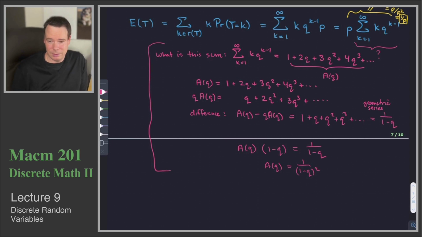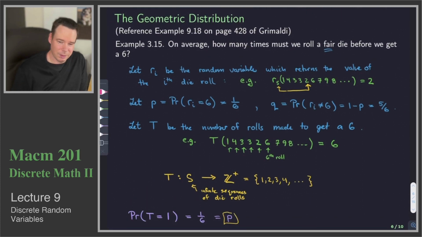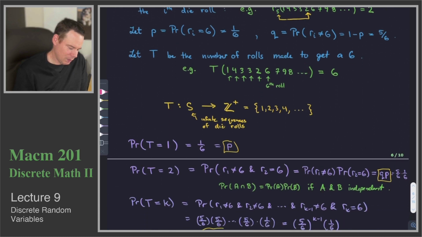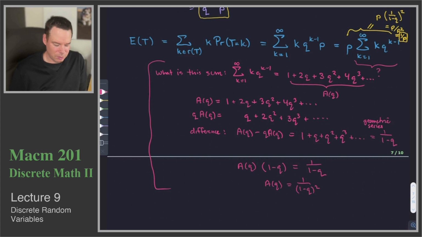Not surprising, the word geometric is appearing here when we are under the category of geometric distribution. So the geometric distribution, we're using the geometric series to get information about it. So that sum of 1 plus q plus q squared plus q cubed and so on, that's 1 over 1 minus q. And therefore we use algebra to solve for a(q) and get our result.